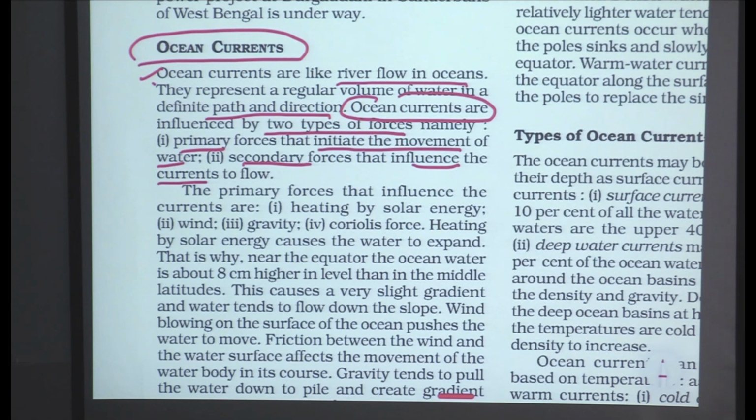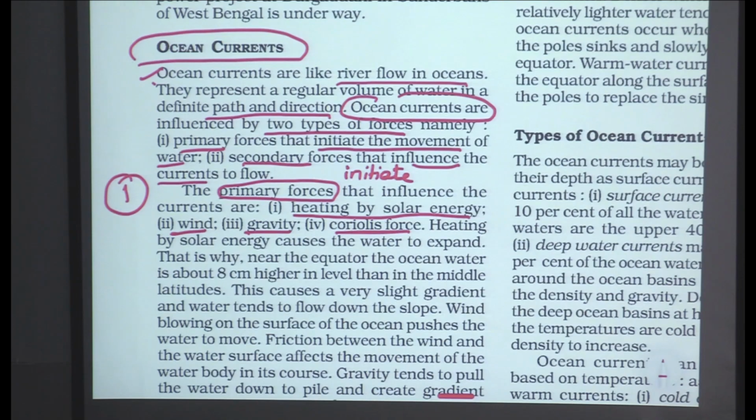And then it enlarges which are the primary factors. Primary forces include heating by solar energy, wind, gravity and Coriolis force. So, what is a primary factor? Primary factors are those which initiate the movement of water.